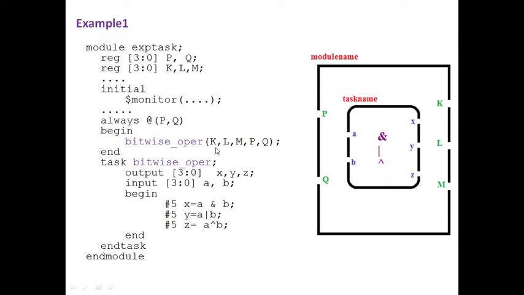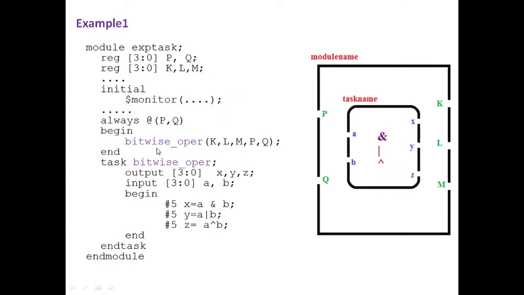What is the order of arguments that I am maintaining here? The same order I need to use during task declaration, like K, L, M. These are the outputs I have used, followed by inputs. In the same manner, during task declaration, I will follow the same order. So the always block is calling a task.